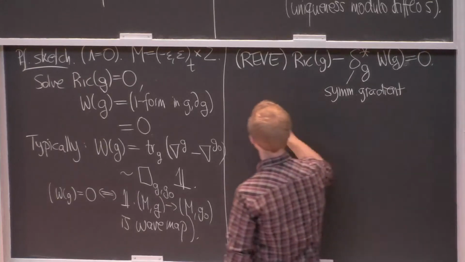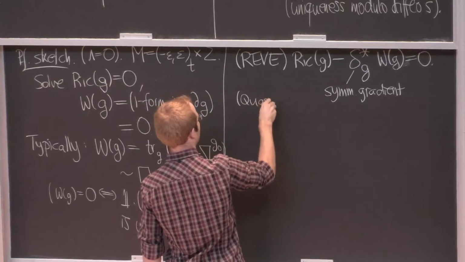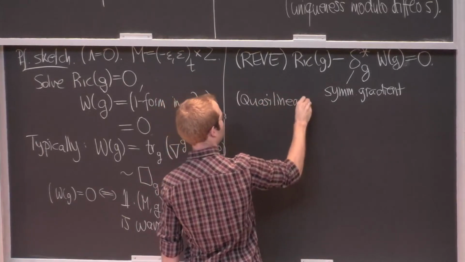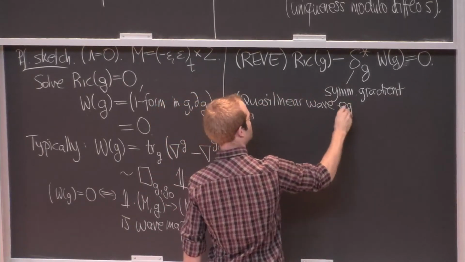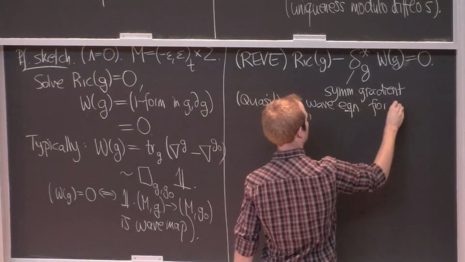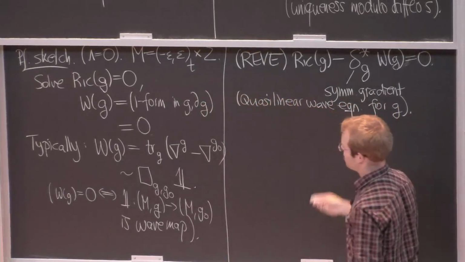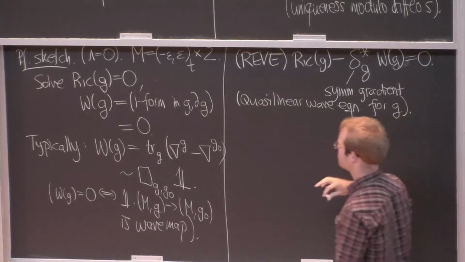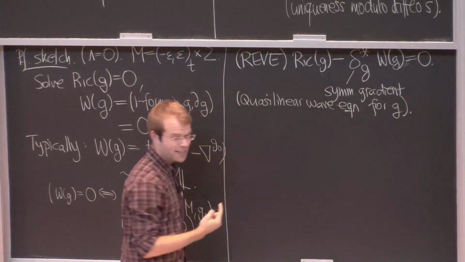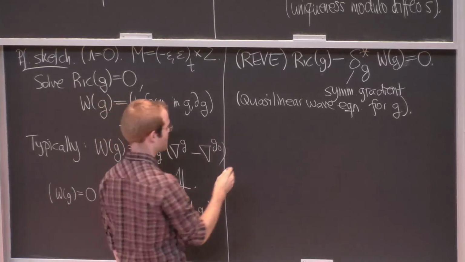Okay, so in other words, this now is a quasi-linear wave equation for the unknown G. Okay, but it's a completely different equation, so I have to justify why solving this equation has anything to do with solving the Einstein vacuum equation.